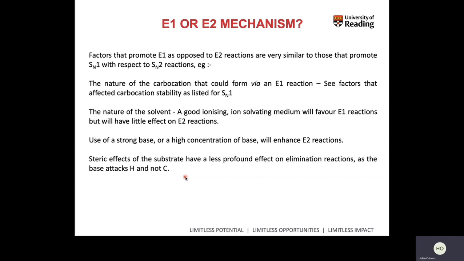The reason is that for the elimination reactions, our base is attacking a hydrogen, which is on the outside of the molecule, rather than having to penetrate through and get to the carbon, which would be more sterically hindered. So the steric effects are far less pronounced for the elimination reactions, and it's not something that we consider when we want to influence E1 or E2 mechanisms.